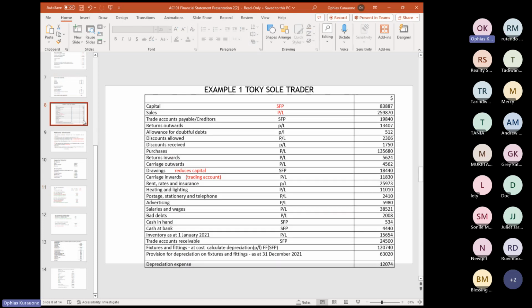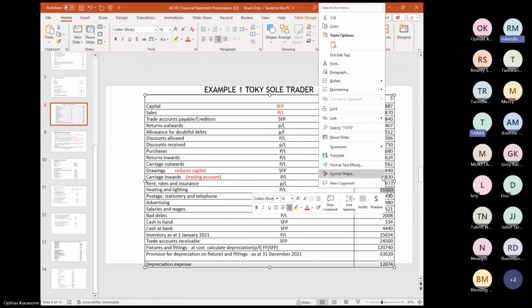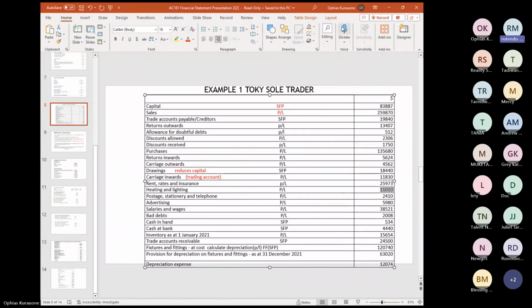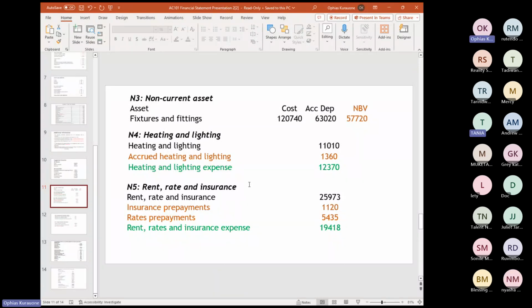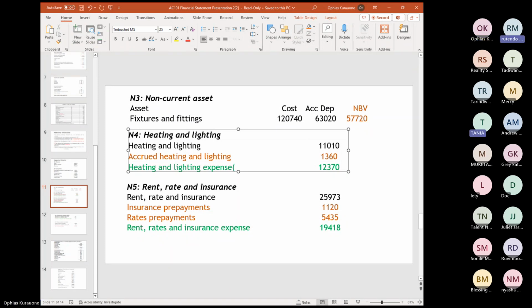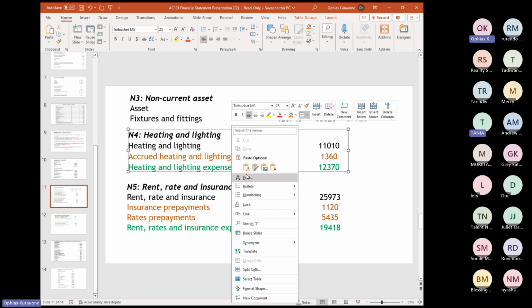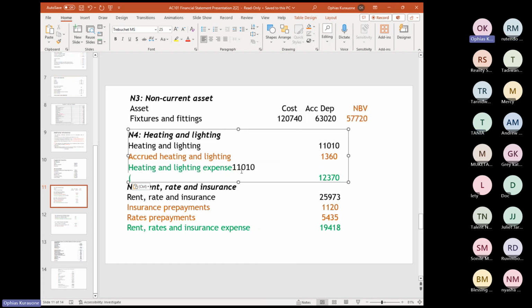We come here and take heat and lighting. If it was the opening balance, you pick it, and then I paste heat and lighting.